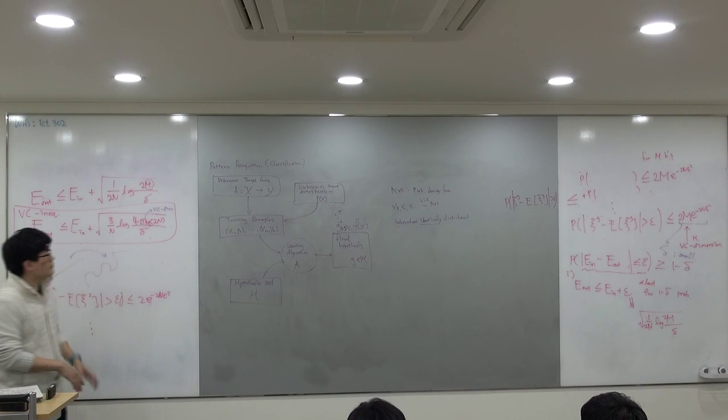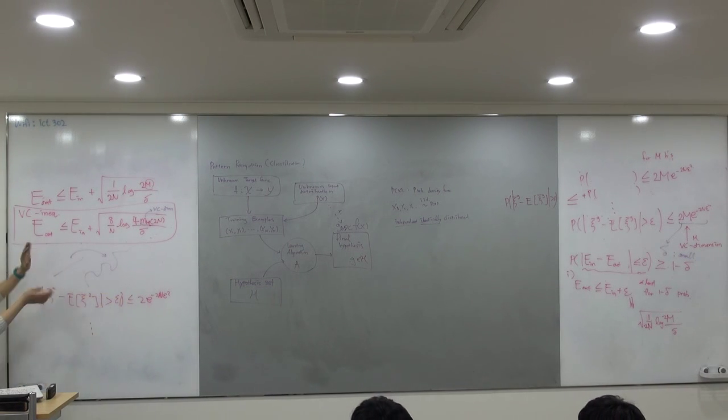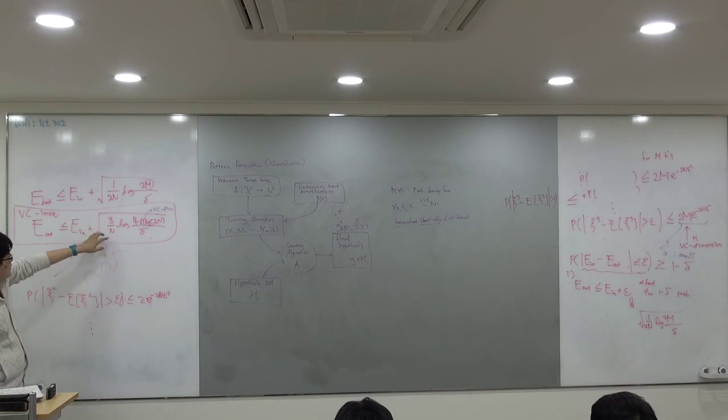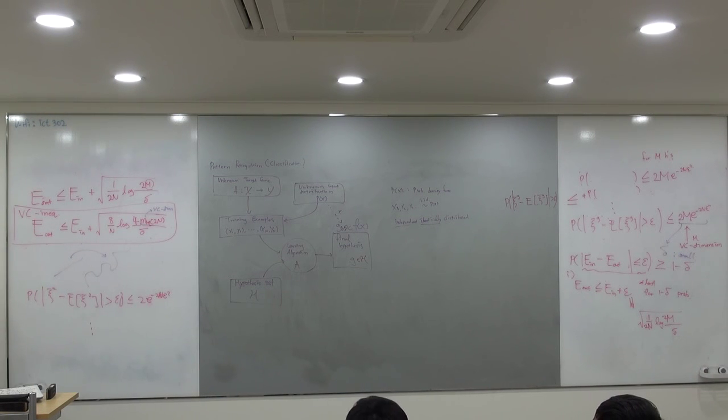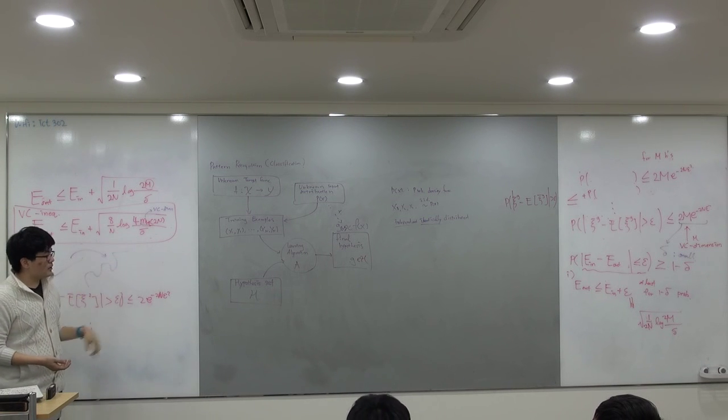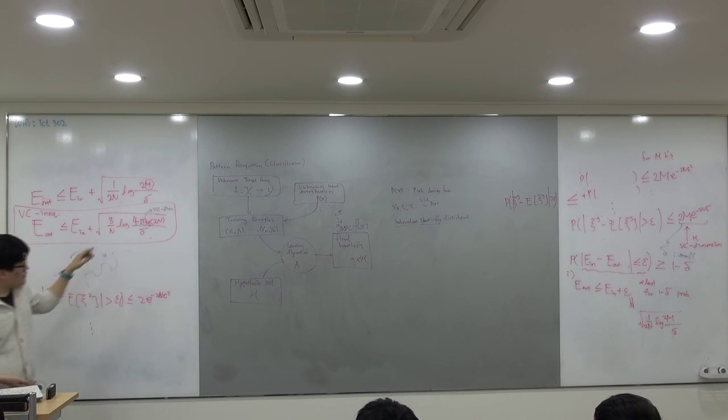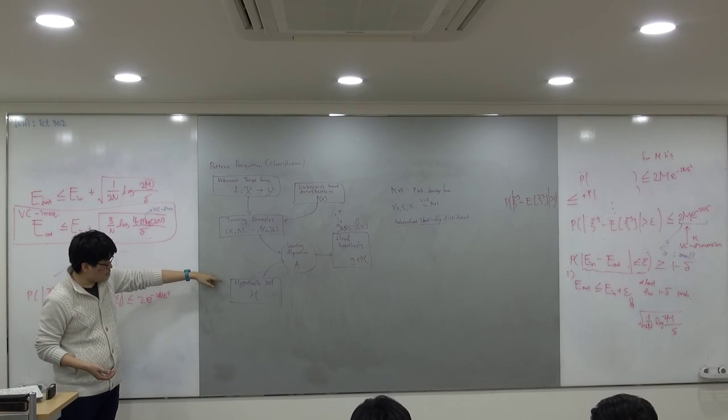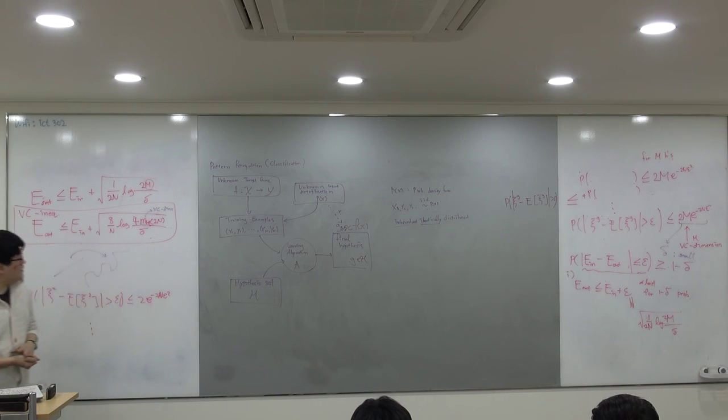So from there, we somehow managed to derive this inequality. So if you have a large number of data, you have better performance in generalization. And also, if you reduce the complexity of the hypothesis set, you'll get better generalization.